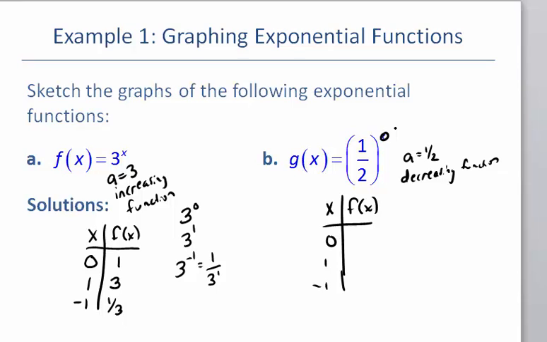If we put a 0 in for x, anything to the 0 power is equal to 1. If we put a 1 in for x, 1/2 to the first power is 1/2. And if we put a negative 1 in for x, how do we evaluate that?